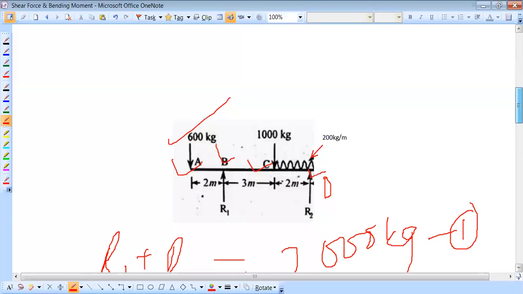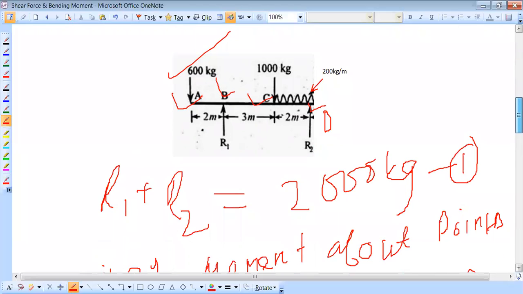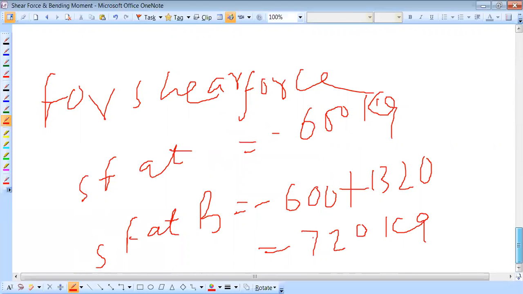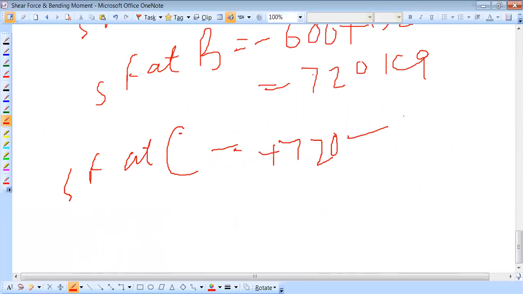Before going on to find the point C, we can easily find the value at C. SF at C is equal to minus 1000 because of the downward direction.